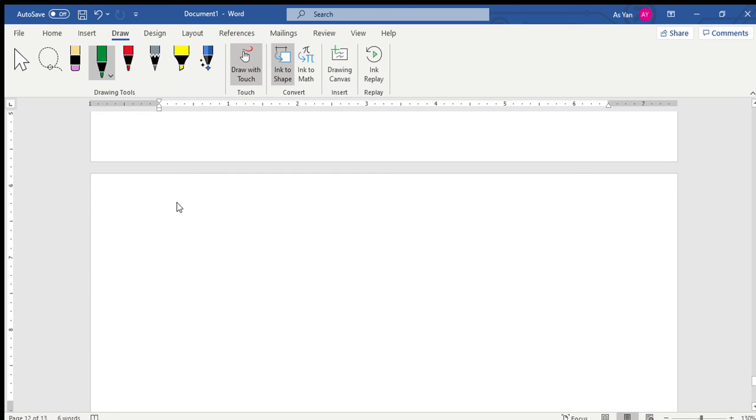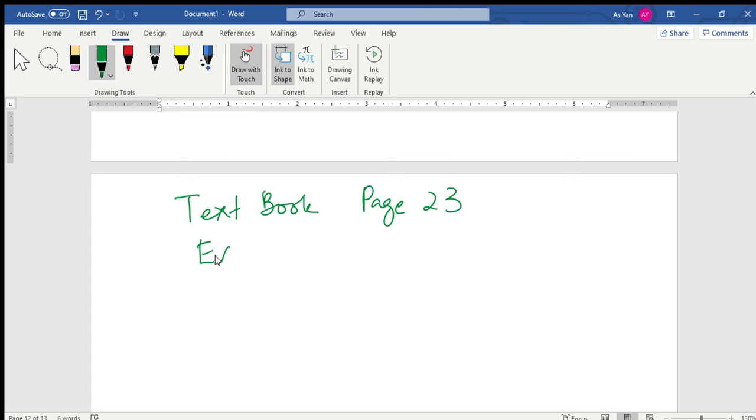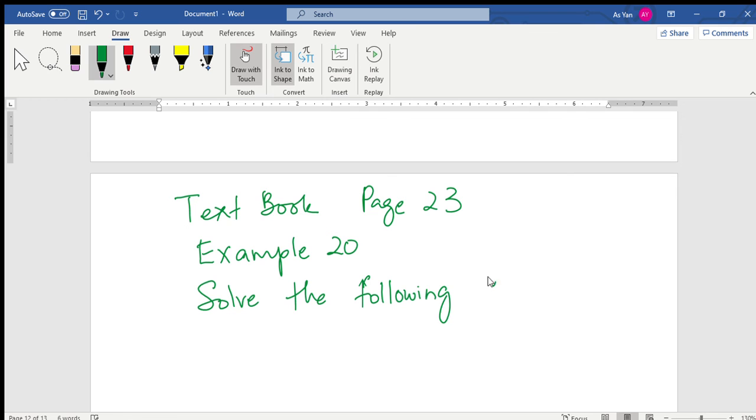This one is from the textbook, page 23, Example 20. Solve the following simultaneous equation.